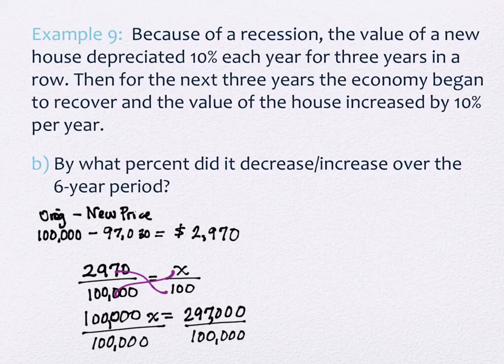And what do we find? Yeah, 2.97% loss or decrease. So they lost about 3% in the purchase price that they had of their house over that 6 years. Hopefully the next year goes up another 10% and then they're in the black. That would be good.